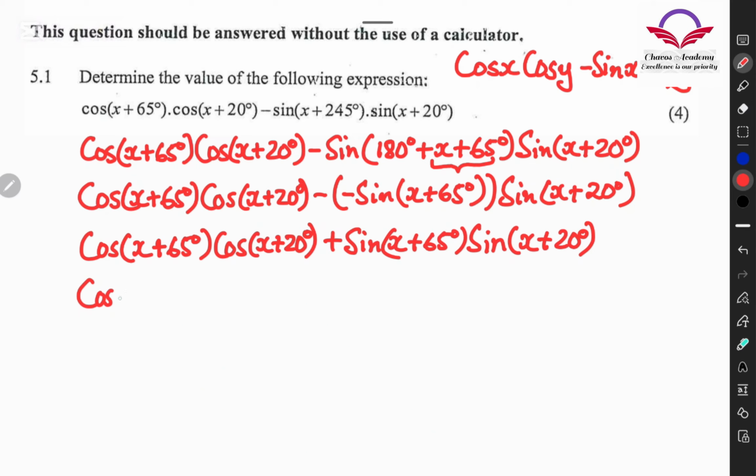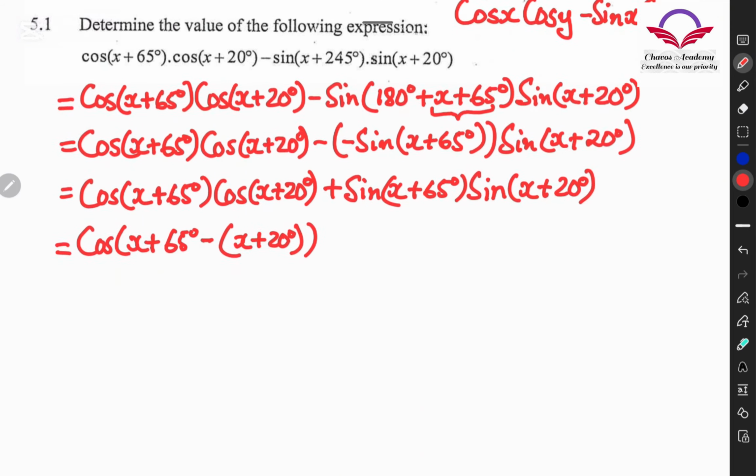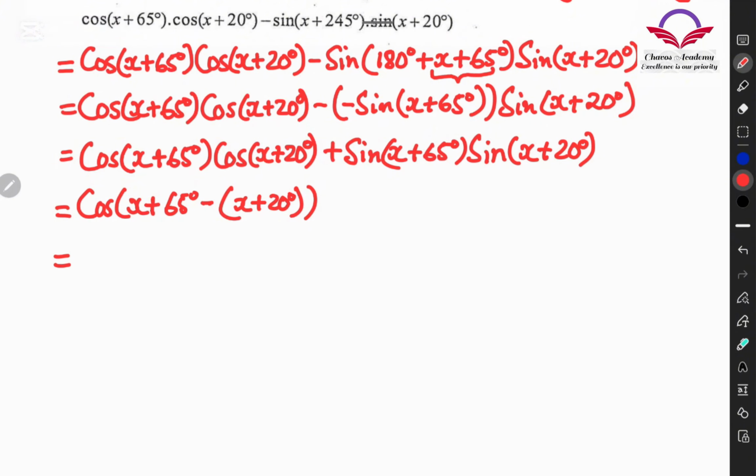That will be cos of x plus 65 minus x plus 20, and this, you're going to have cos of x, will take away x, 65 minus 20, that will be 45, and at last the answer is square root 2 over 2.